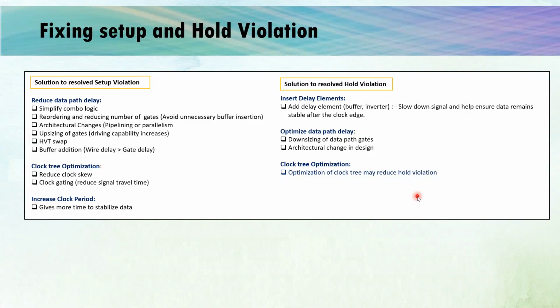It gives robust operation. Meeting setup and hold requirements ensures that the data signals are stable and reliable during the sampling window of your particular clock edge. This contributes to the dependability of the operation of your circuit. It just gives the designer confidence that the design will work.